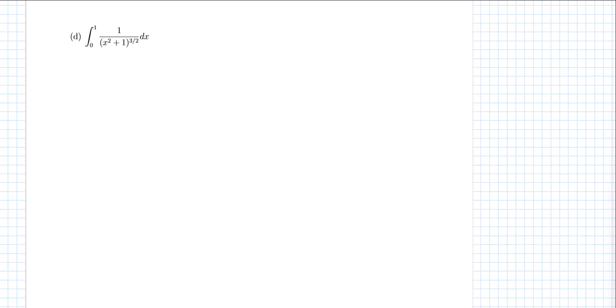So for this problem, we have the integral from 0 to 1 of 1 over x squared plus 1 raised to the 3/2 power. Notice that this one seems a little bit different because at first glance, it might not seem like we have a square root. However, what I would recommend doing first is rewriting the problem so that we have the square root that's hidden in the 3/2 power.